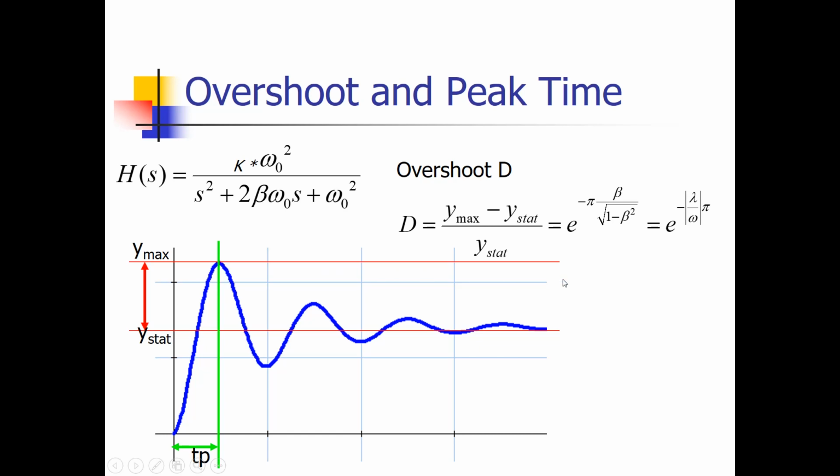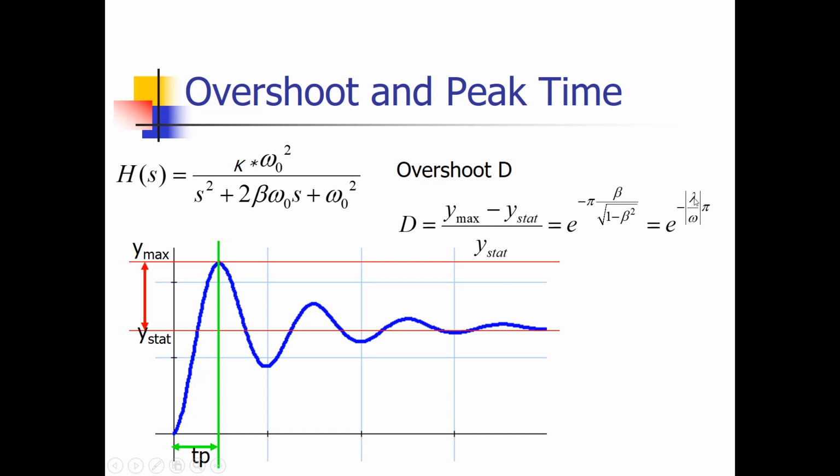You can calculate it by using the exponential harmonic signal definition, and then you can see that the maximum overshoot is equal to e to the power minus the absolute value of lambda over omega times pi. So remember, lambda is the real value of the pole and omega is the imaginary value of the pole.